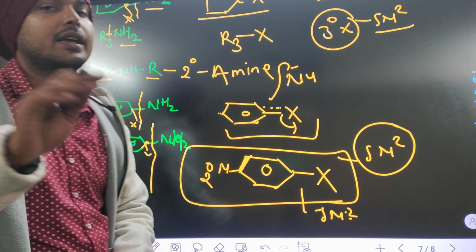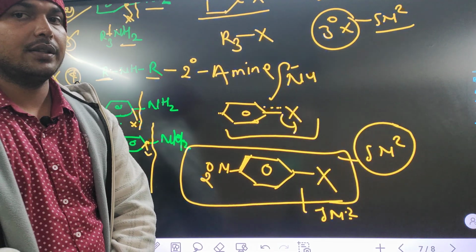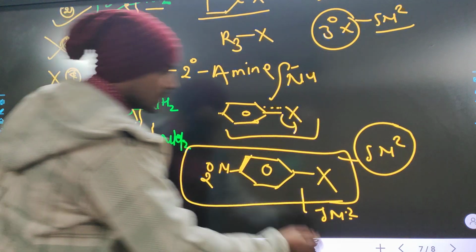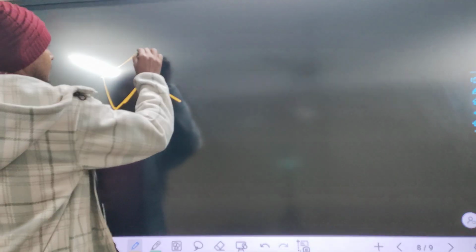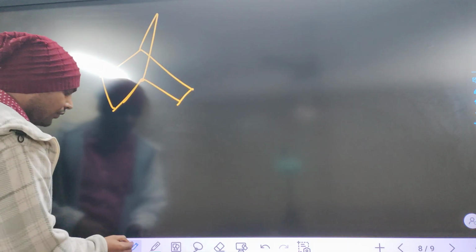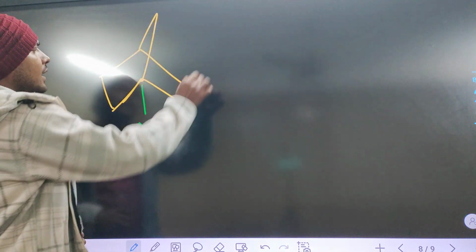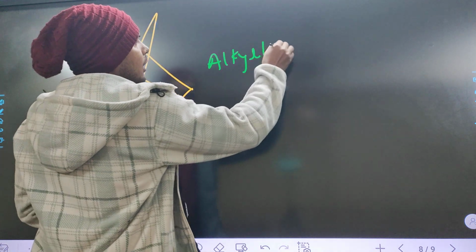But one very important case is the bridgehead molecules, which are very important in these reactions. So we are going to discuss bridgehead molecules. The last one. So what is a bridgehead? This is a bridgehead molecule. This is the carbon. If you put X here, this is the alkyl part and this is the halide part, so this is an alkyl halide.